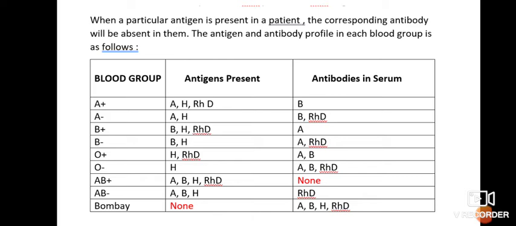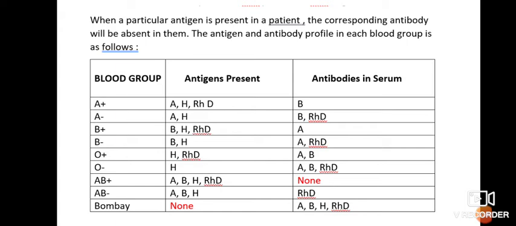Now coming to the blood groups, if they are A positive or negative, we can tell that if it is positive, then RhD will be there. If it is negative, then no RhD will be there. And we all know that A blood group will have A antigen, and the precursor H substance will also be present in some amount in A individuals. So whether it is A positive or A negative, those individuals will also have some amount of H antigen.